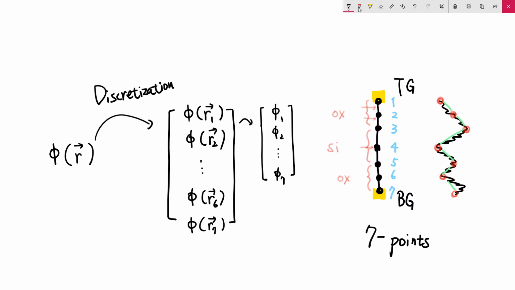Good, very good. And if you ask me, I have phi 2, the second entry of our unknown variable, then what is it? What is the physical meaning of this quantity? Since it is defined at position number 2, it corresponds to our position 2.